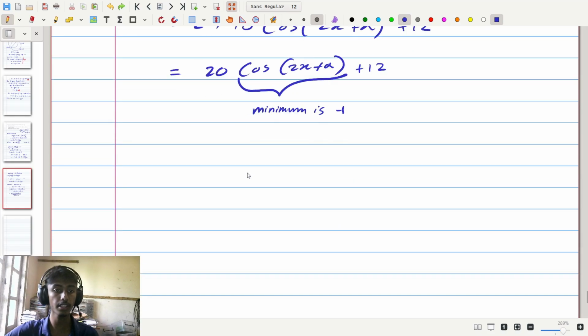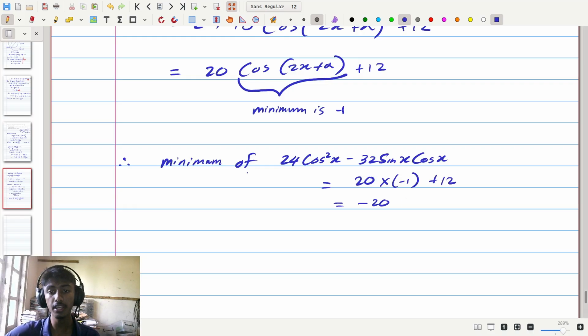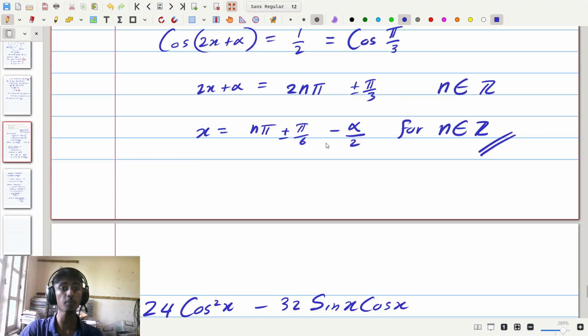So according to that, we can say, therefore, the minimum of the expression we had of 24 cosine squared of x minus 32 sine of x cosine of x is going to occur when this internal value becomes equal to -1, in which case we can see we get 20 times -1 plus 12, which is minus 20 plus 12, which is equal to -8. And therefore the minimum value of our graph is going to be equal to -8. So with that, we have finally completed the last part of the question.